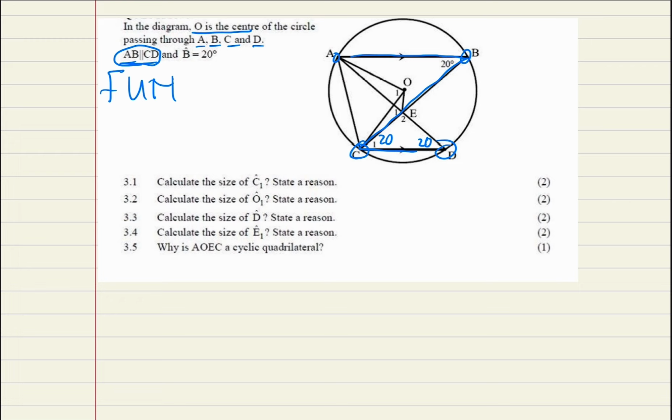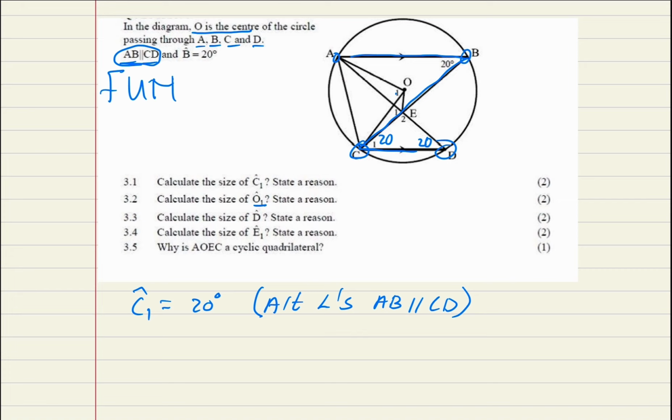Oh, okay. Angle C1 is equal to 20 degrees. These are alternate angles. Why are they alternating? It's because AB is parallel to CD.